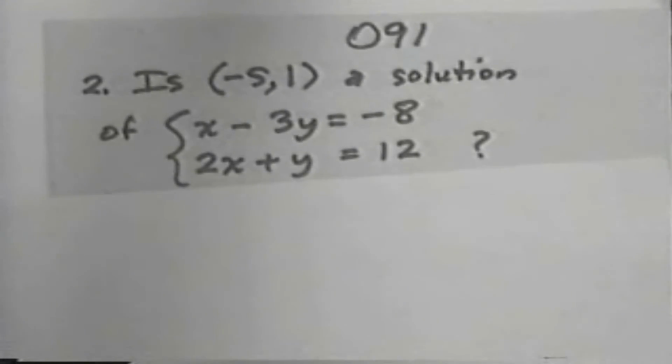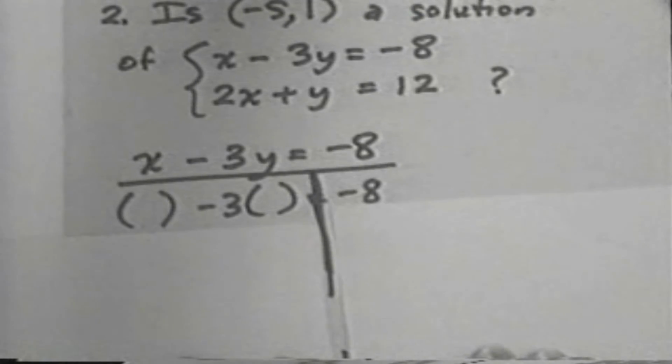We set up our check with the x minus 3y equals -8. And this means that we have the x number, subtract 3 times the y number, and on the right, -8.